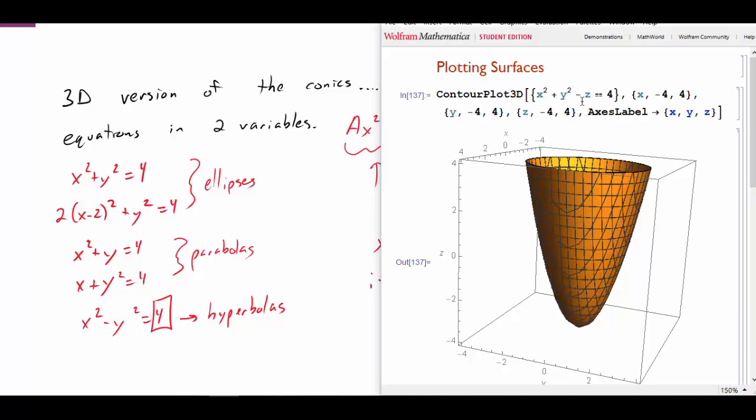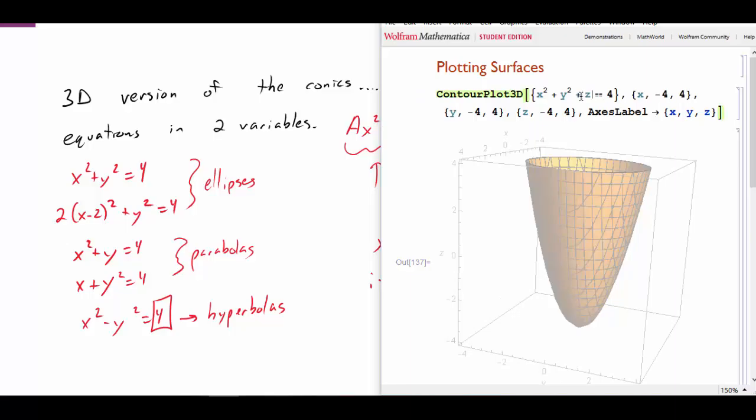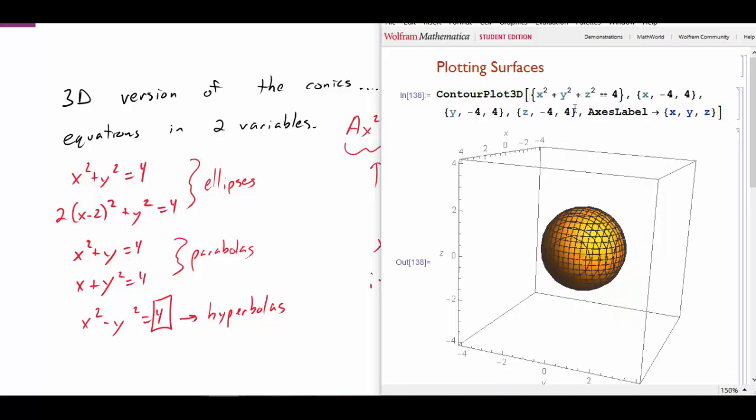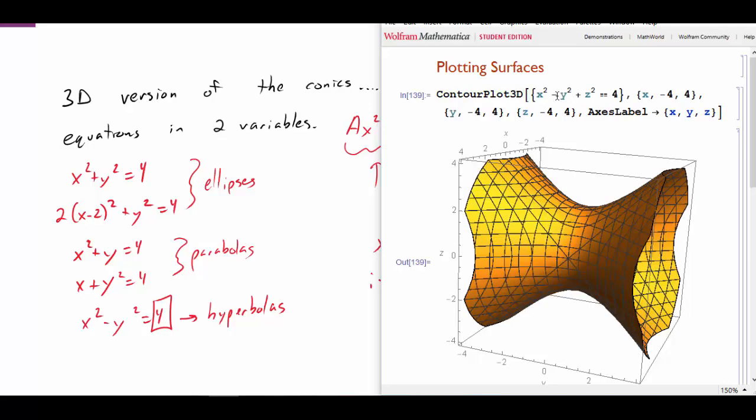The next one was changing the sign here. So instead of looking at plus z squared, where we had spheres, now we're going to look at what happens if we add a minus sign here. And we get this interesting shape. And just like with hyperbolas, we're going to get a couple different shapes here.